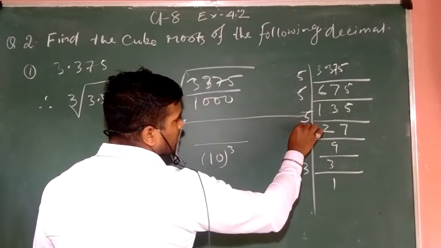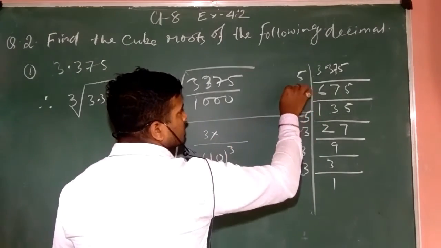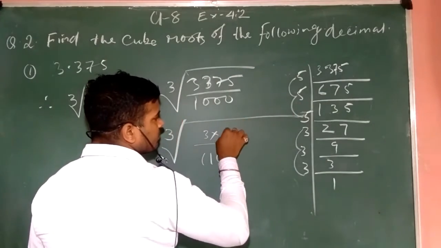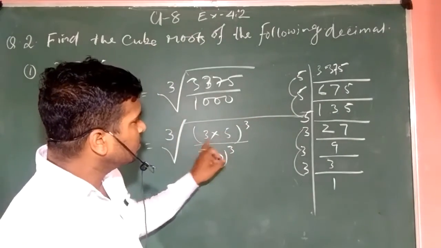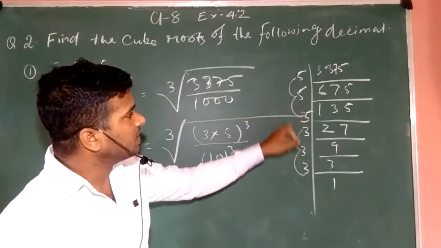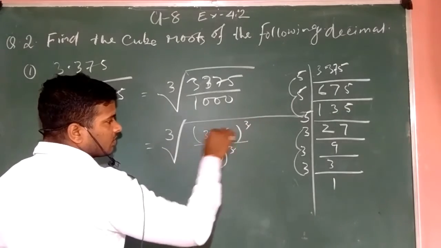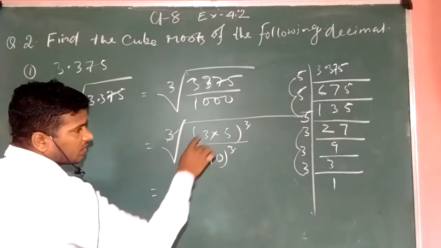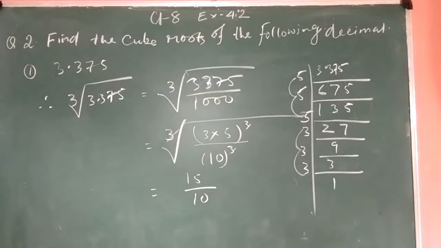So you can see 3 is there 3 times and 5 is also 3 times. The power is also 3, so the cubes are cancelled. So 5 3s are 15, divided by 10.